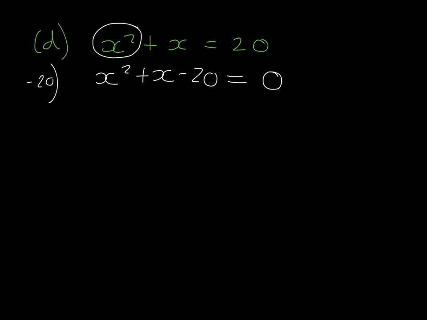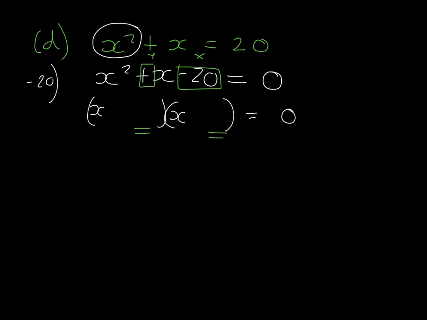Now, we're going to solve this by factorising, so we need to find numbers to fill two brackets with. We have an x and an x at the start. The numbers at the end, which go here and here, must multiply together to make negative 20 and add together to make 1. Because it's just x in the central term, we can imagine that there is a plus 1 in front of it.